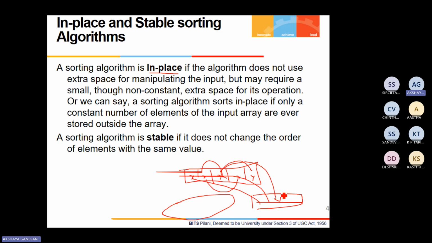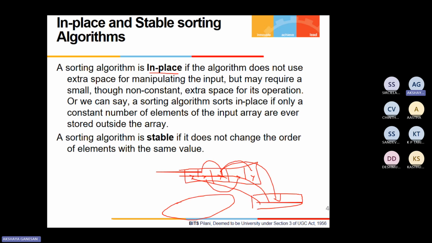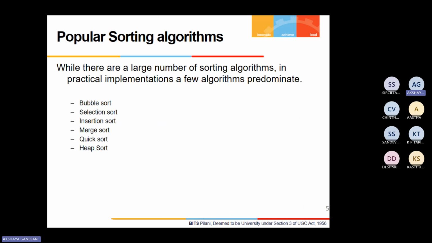When you have sorted one element, it's in position. Next time you iterate only on n minus 1 elements. You don't iterate on the entire n array. And next time you do only n minus 2 elements. So every time you don't change the order of elements with the same value. That is where we try to be a stable algorithm. Okay.